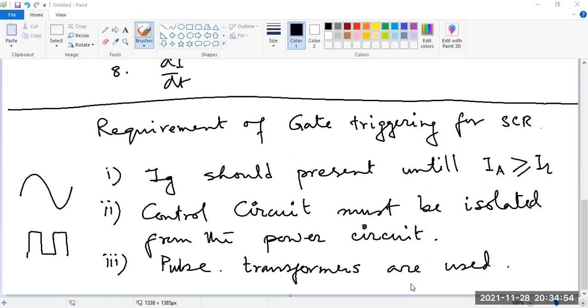So that is the fourth point: instead of a single pulse, we can use a high frequency pattern of pulses.